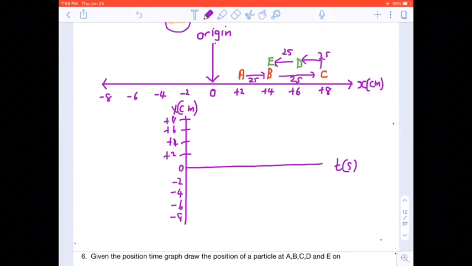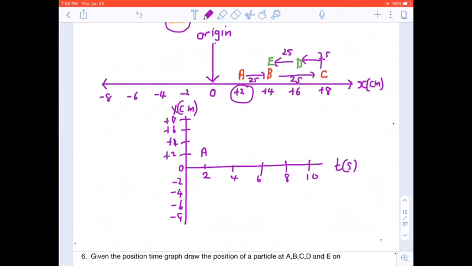So let's say we have A, and since we were talking about 2 second intervals, so that's 2, that's 4, that's 6, that's 8, and let's say that's 10 seconds. So here A is at +2, so we have A there.